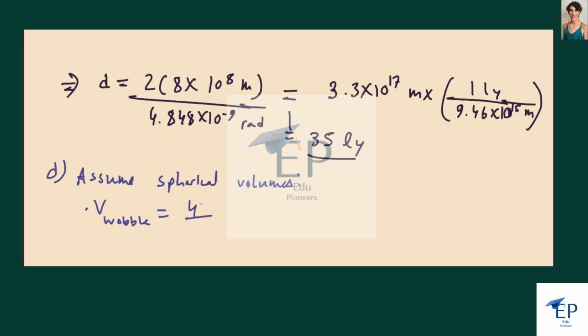So that's 4 pi over 3, the volume of a sphere is 4 pi over 3 times r cubed. R is the distance to it, so that's 35 light years cubed. And then we have the volume of a star itself, which we will assume to be, again, 4 pi over 3 times 1/2 the distance to the nearest star, which is 2 light years cubed.